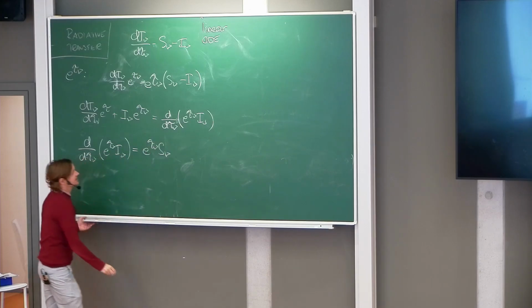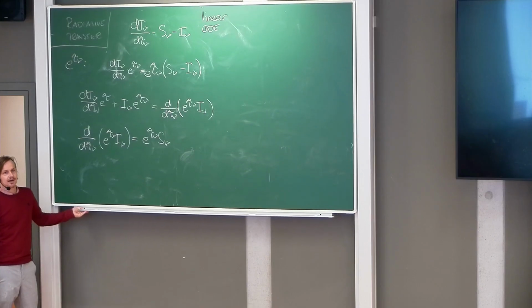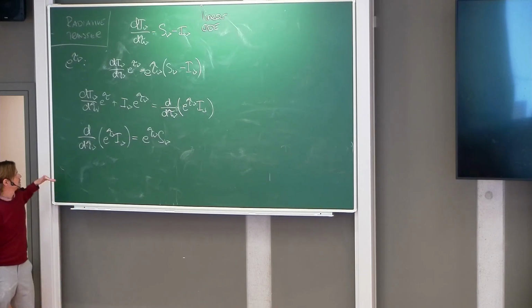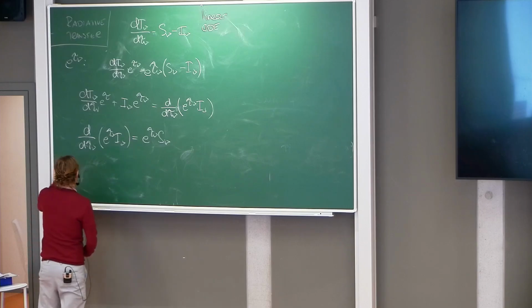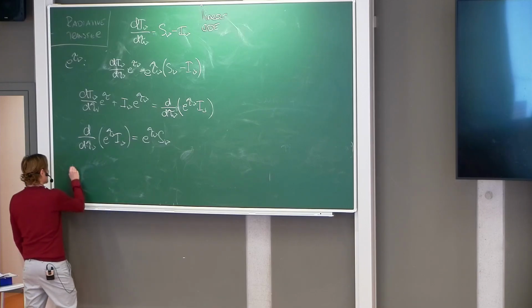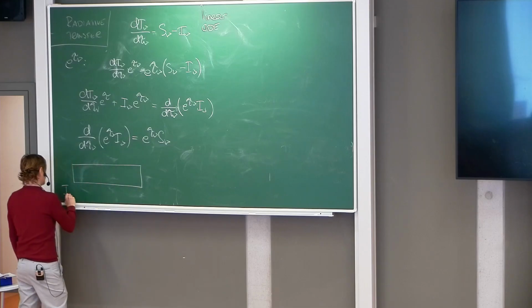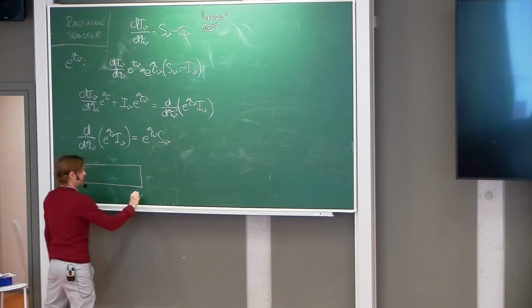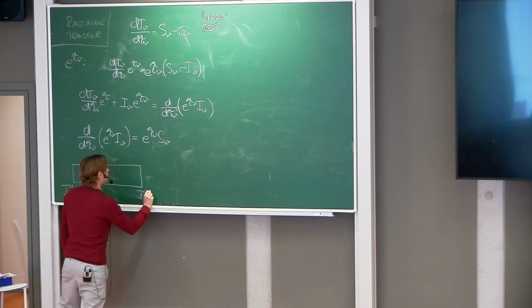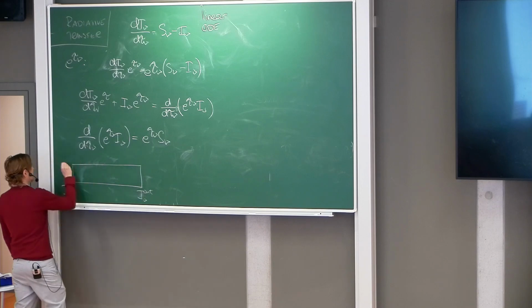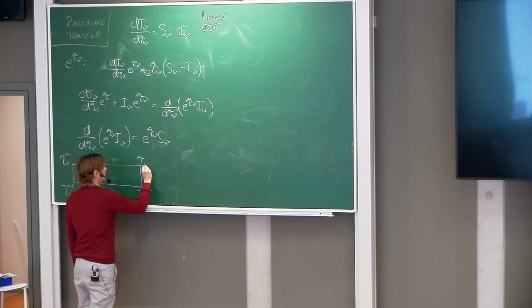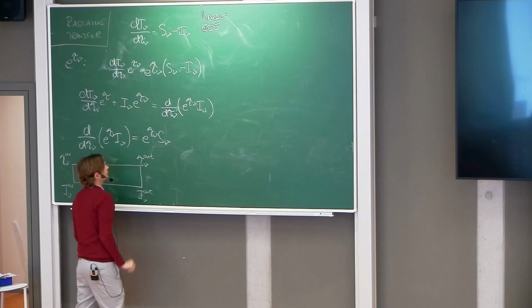Okay, so we integrate this again between two positions, in, say, a slab here with some sort of I nu in, with some sort of I nu out, right? And some sort of tau nu in, which we will later set to 0, and some sort of tau nu out.